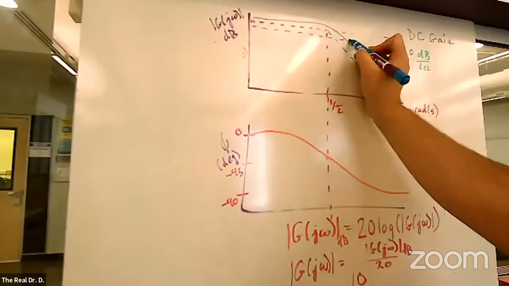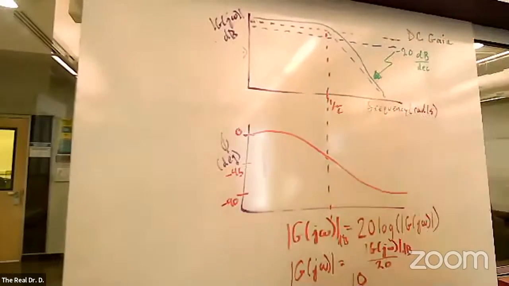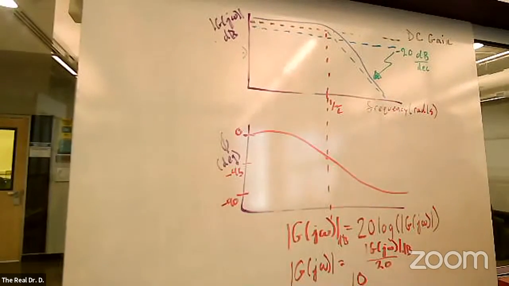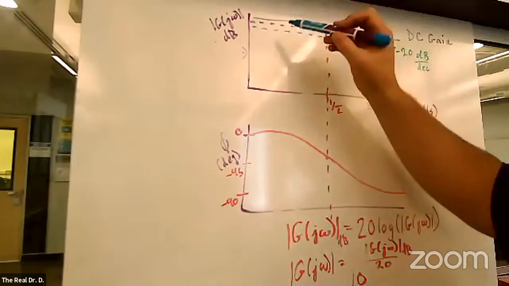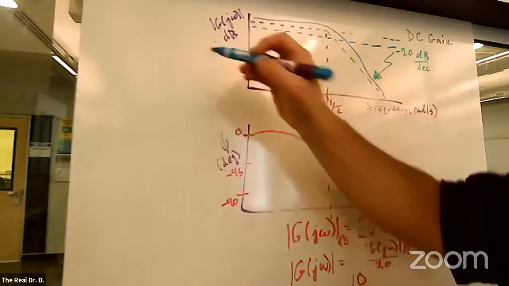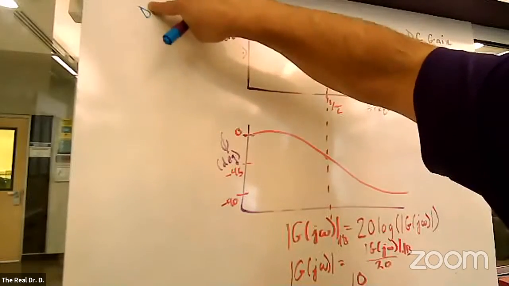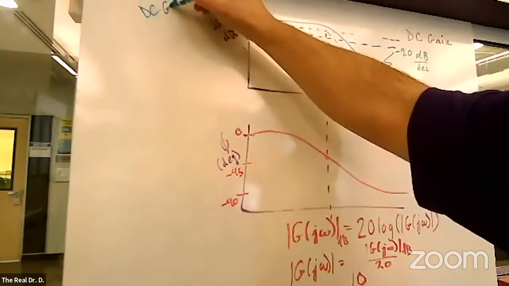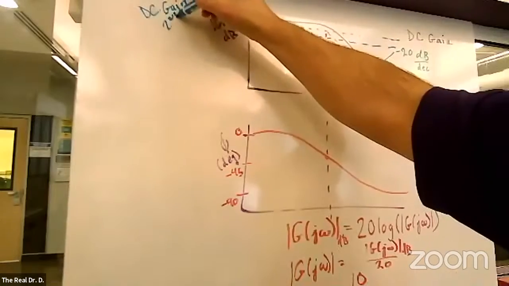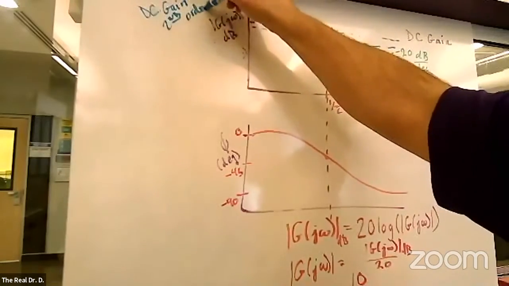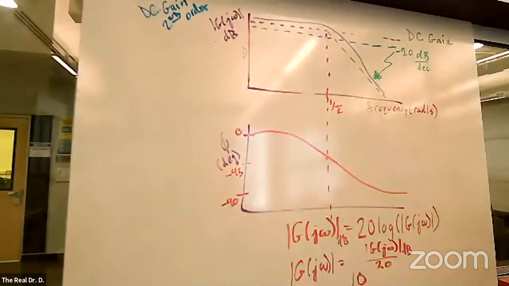This is my new DC gain here, just to kind of separate these things. So the blue line is the DC gain for the second order system. We'll put that over here, DC gain, second order.